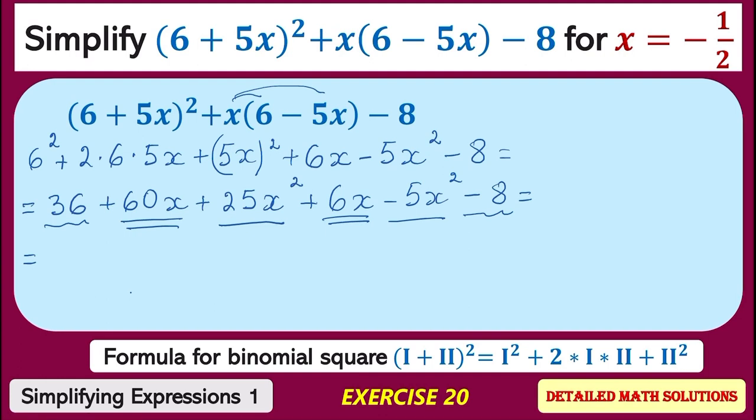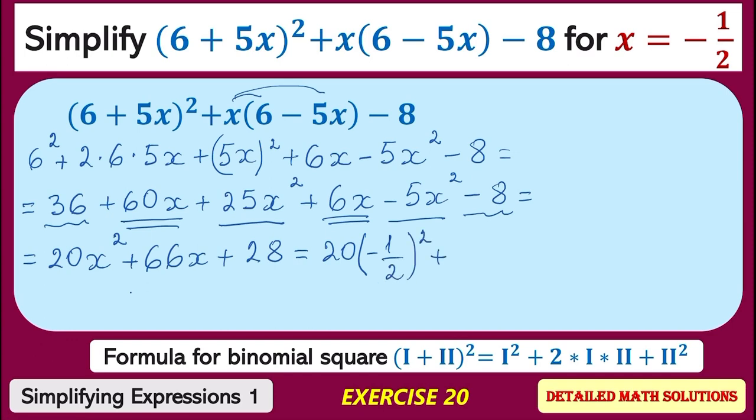When I add these pairs, I get 20x squared plus 66x plus 28. Next, I'm going to substitute x with -1/2 and calculate the value of this expression. This equals 20 times (-1/2) squared plus 66 multiplied by -1/2 plus 28.